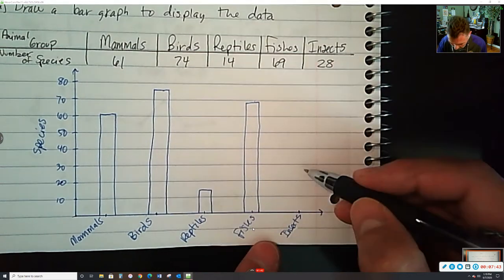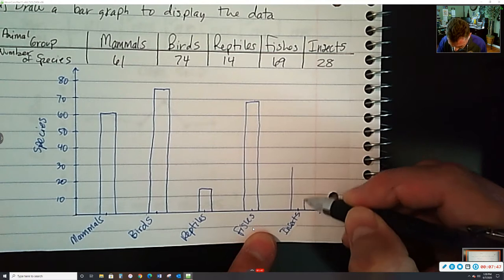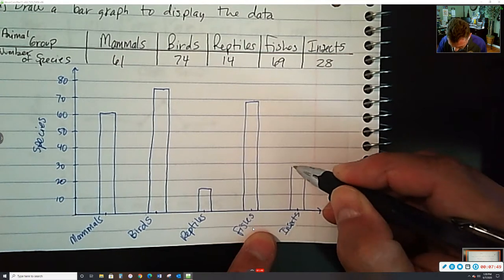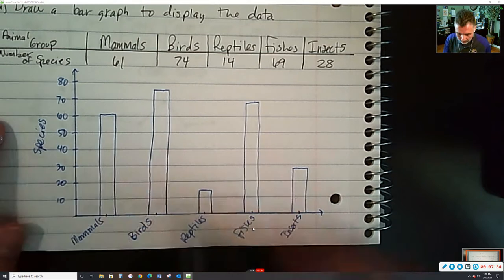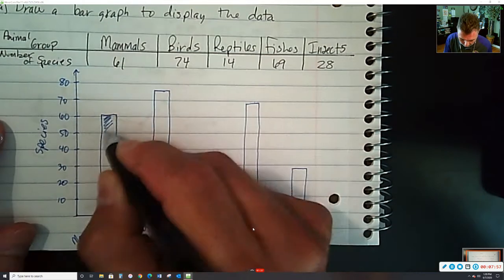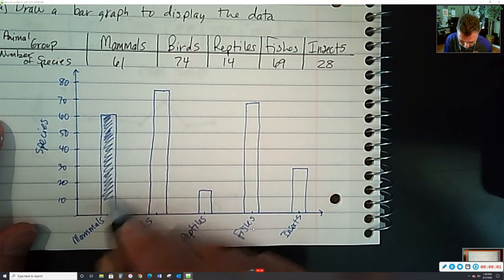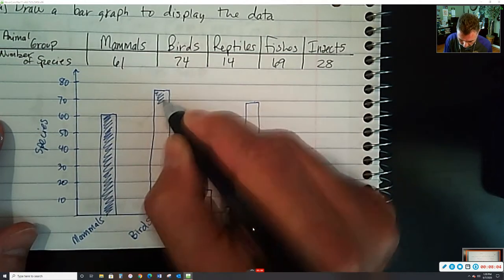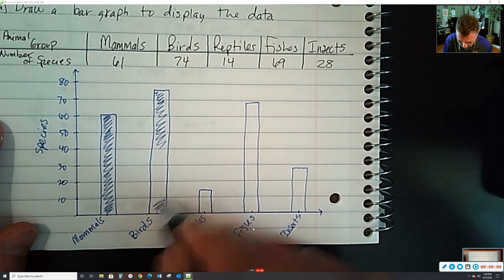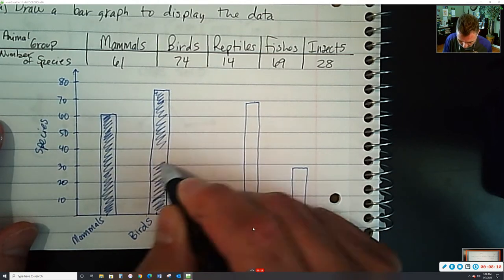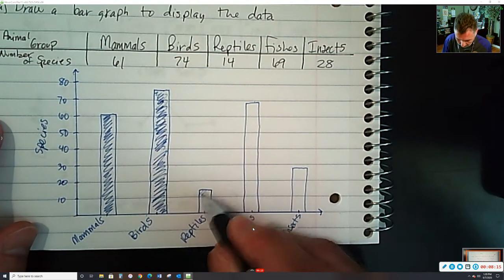Okay, so that's right below 30, 10, 20, 30 is there. Right, and then go through and fill these in. You can color them in later better. I'm just going to kind of shade these in. You could even do it with a highlighter if you have a highlighter, or crayon if you have a crayon.